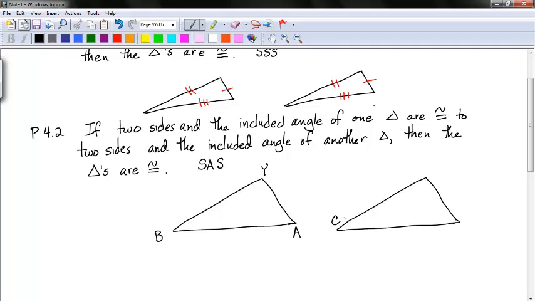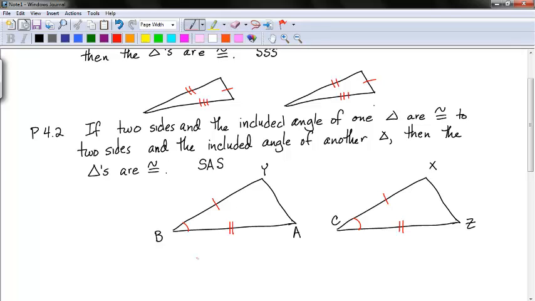And label this angle C, this angle up at the top X, and this one is Z. If BY is congruent to CX, and BA is congruent to CZ, and angle B is congruent to angle C, then the included angle is between the two, between this side and this side. You've got an included angle, and remember the order that you write it makes a difference.